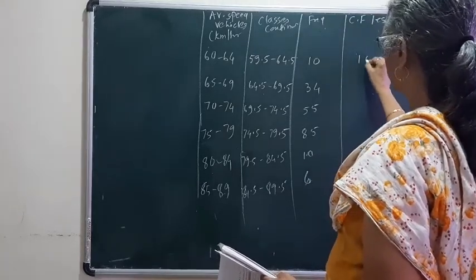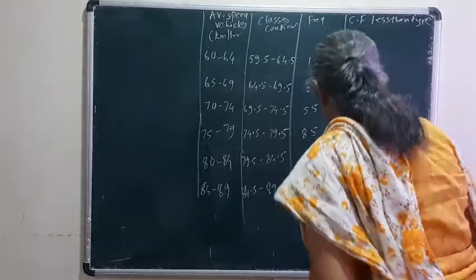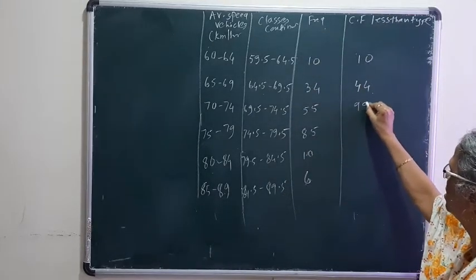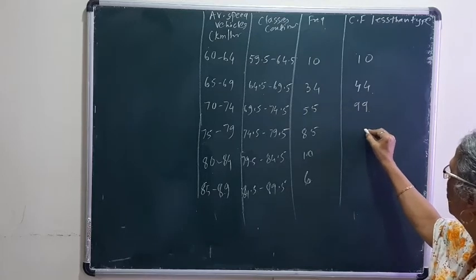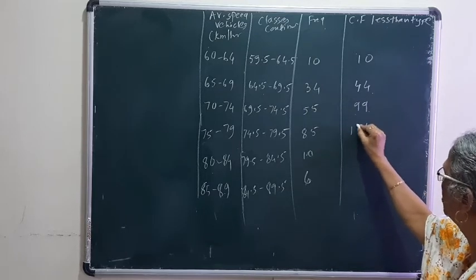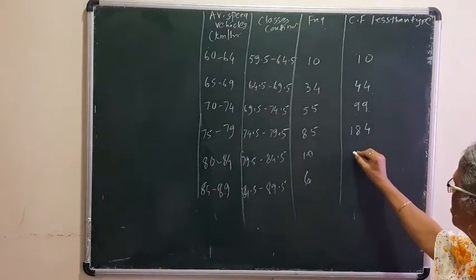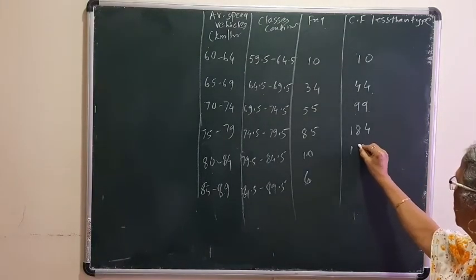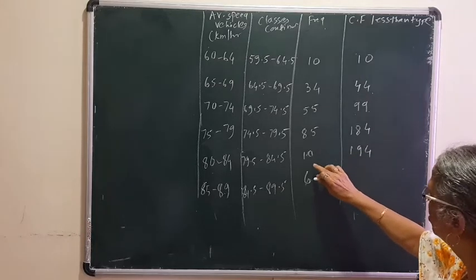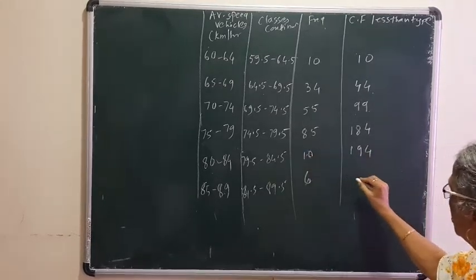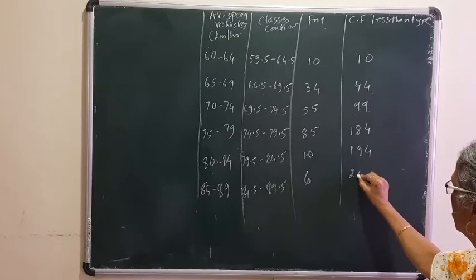So 10 as it is, 10 plus 34 is 44. Then 99. 99 plus 85 is 184. 184 plus 10 is 194. And 194 plus 6 is 200.